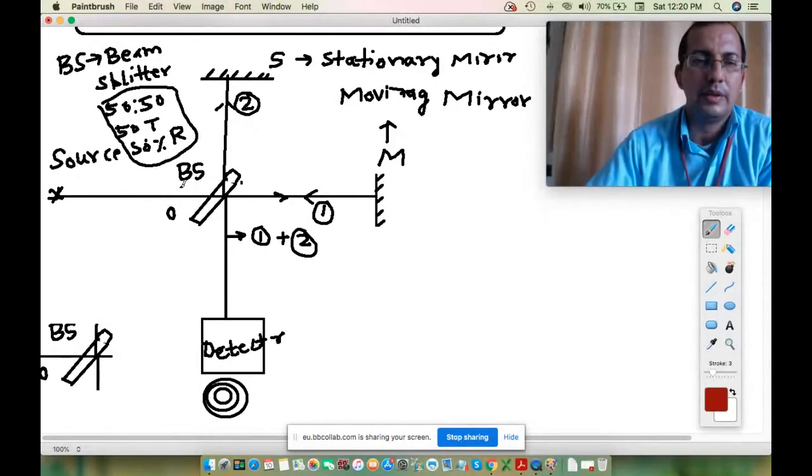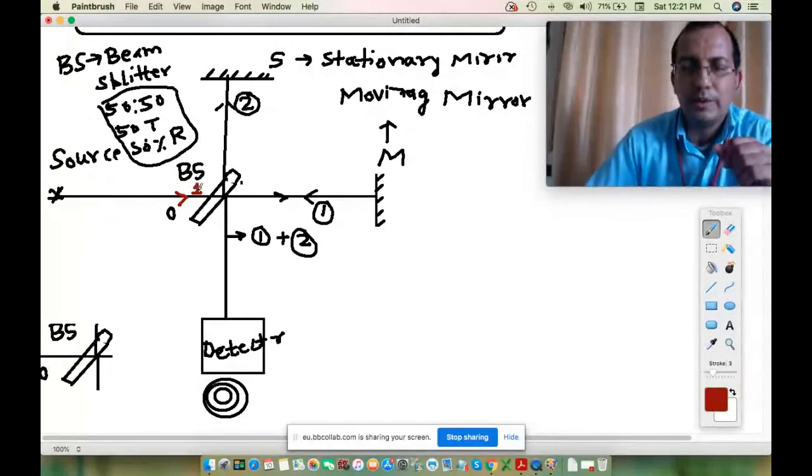When it came from this point, it crossed the beam splitter once. Let's count it as 1. It goes to the movable mirror, is reflected back, and then goes on. So beam number 1 only traverses the beam splitter one time. Is it clear?